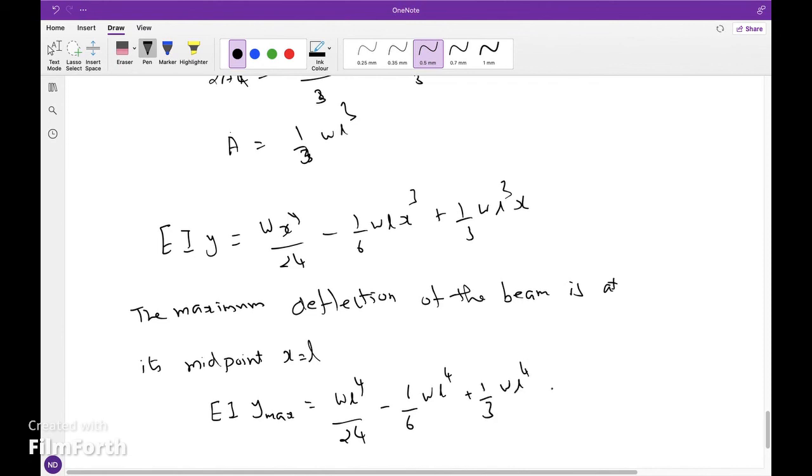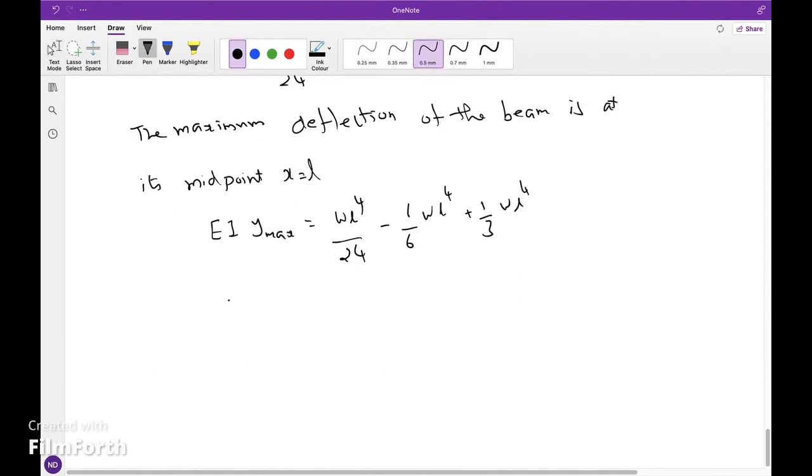So maximum deflection is equal to 5 by 24 into omega L power 4.